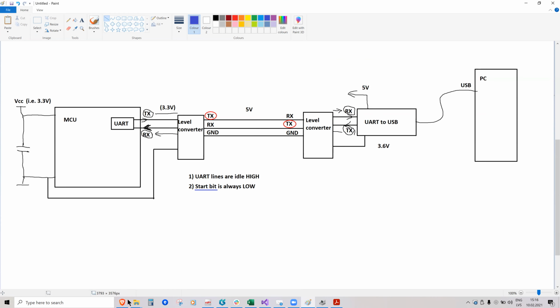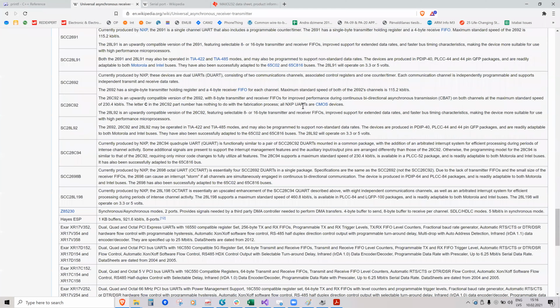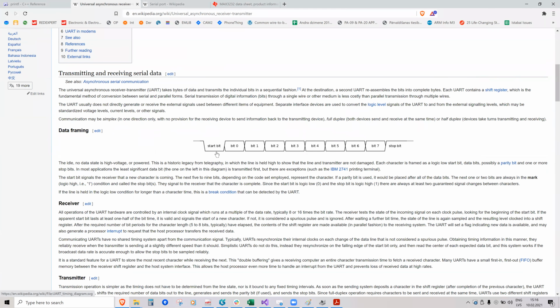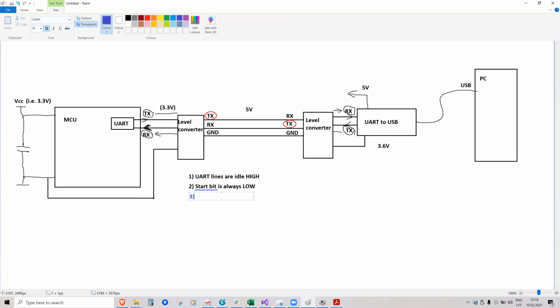Next thing is, and we can check it out on the internet. So start bit is low and you detect, okay, so here begins a message. Then you can have the data bits, and the original UART had 7 data bits.